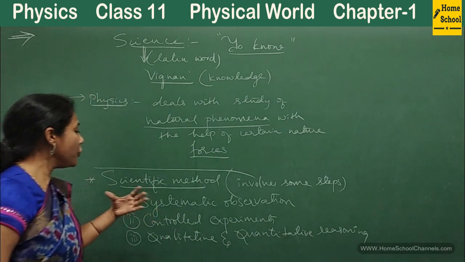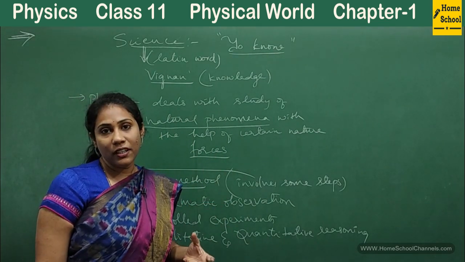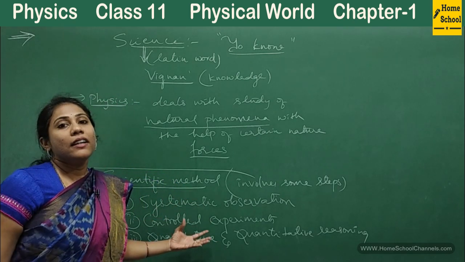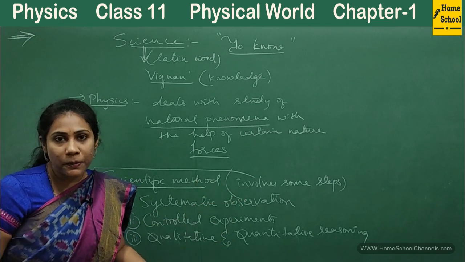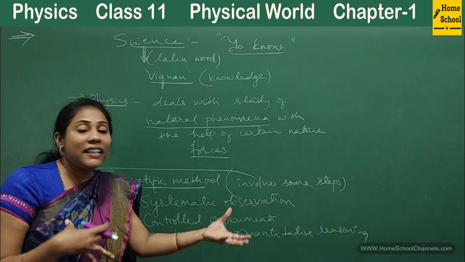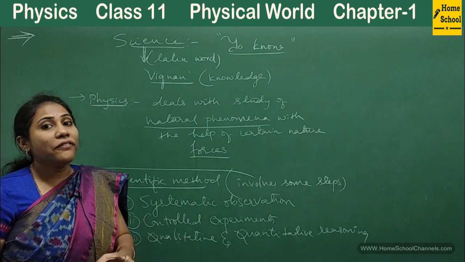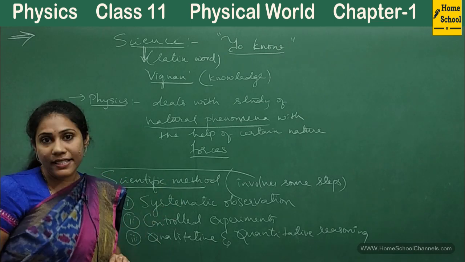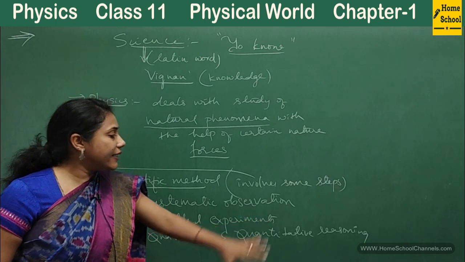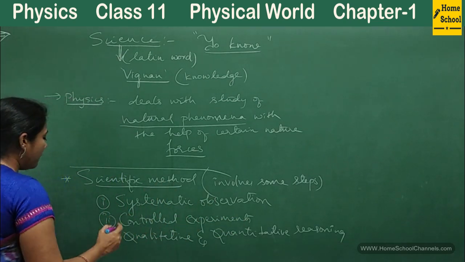Once you do experiments, you have to analyze your observation: how much quality you have in your experiments, I mean, whether you can quantify that in a mathematical relationship or not. So everything we have to be able to understand. That's what we mean by qualitative and quantitative reasoning. You will understand when I give an example, don't worry, just copy it down.